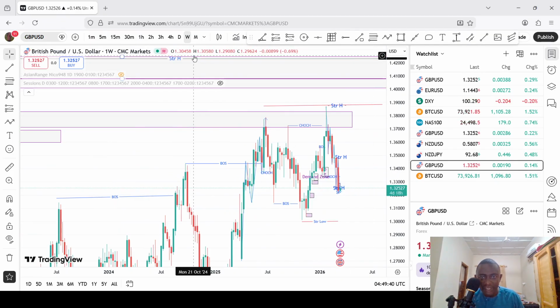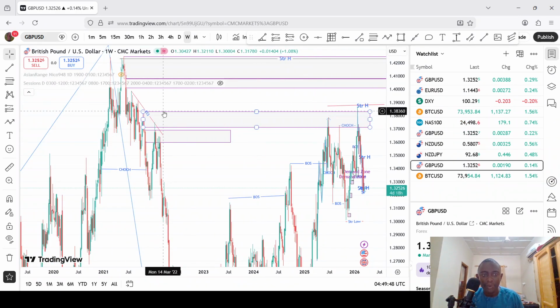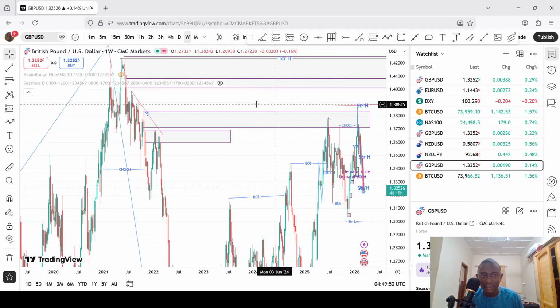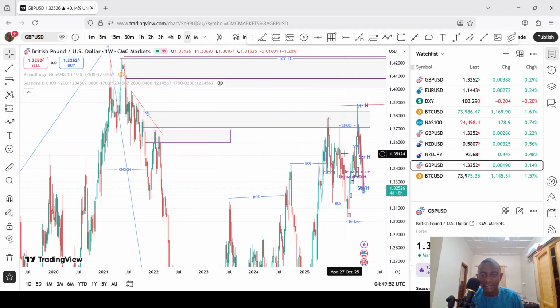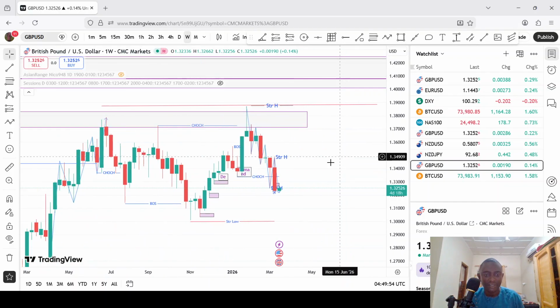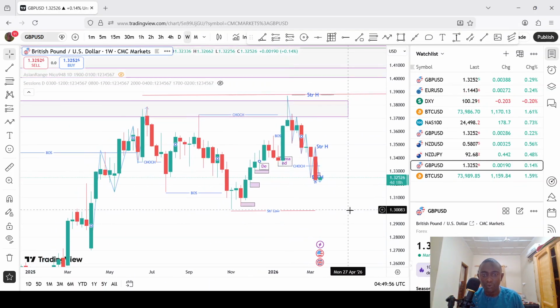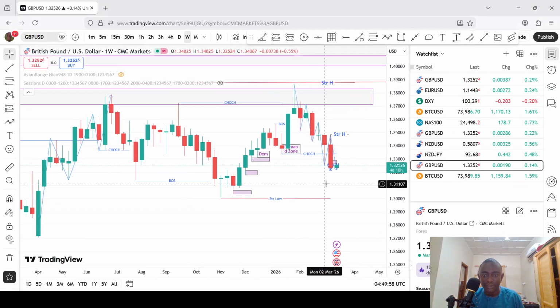So from the weekly perspective, here was a liquidity chase. They were chasing liquidity, where people's money was, where the stop losses are. They just swept it, and that is it. Those people's money was used as liquidity.